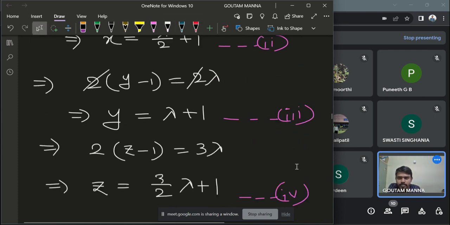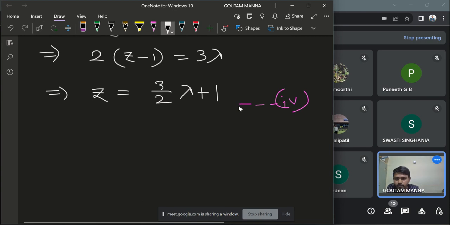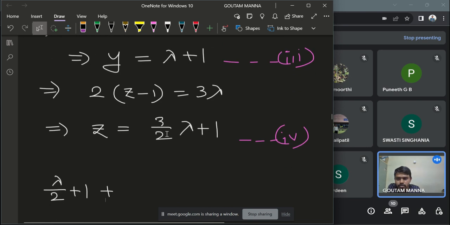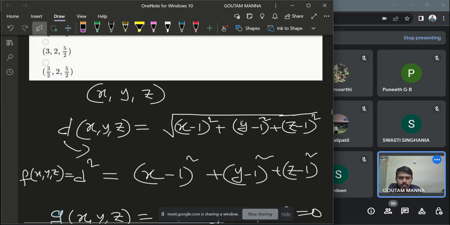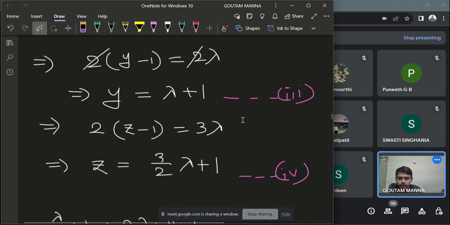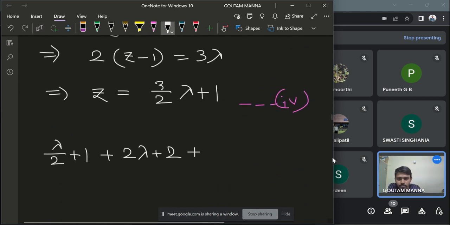So x is lambda by 2 plus 1, lambda by 2 plus 1, plus 2y, that is 2 lambda plus 2, plus 3z. So 3z will be 9 by 2 lambda plus 3 equals to 13.